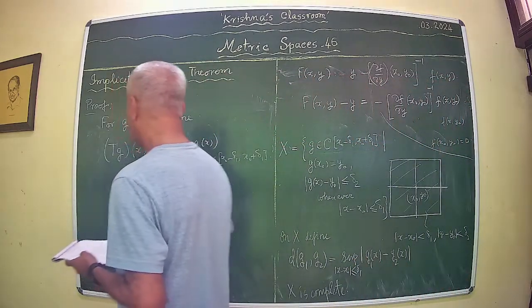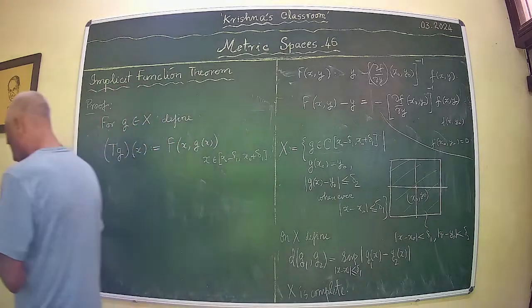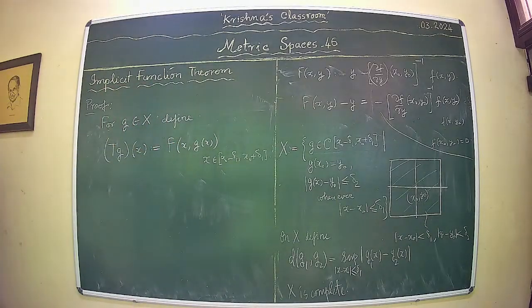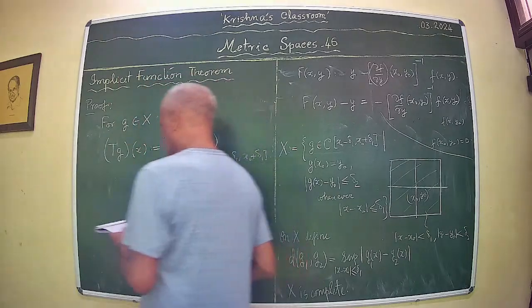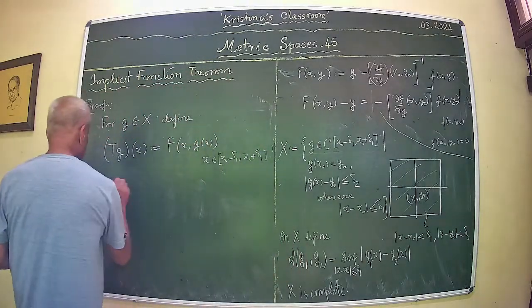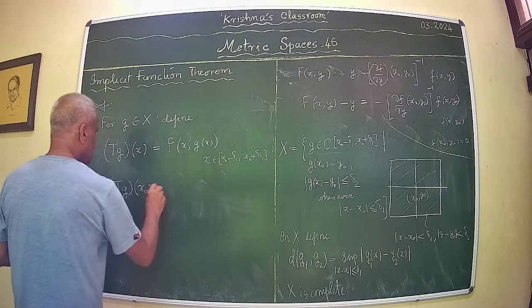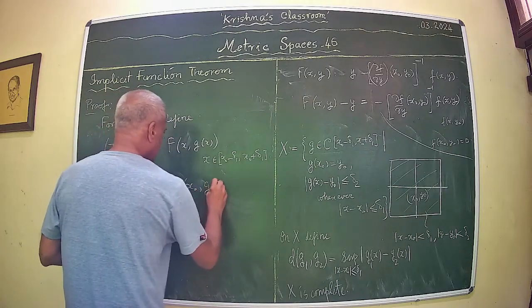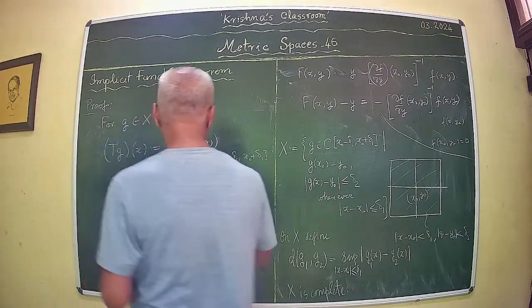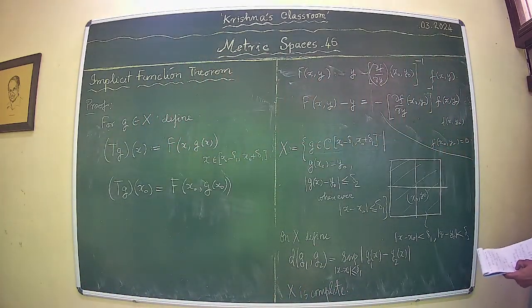Okay. Now what we want to assert is that T is a map from X to X. The first thing that you observe is this. Tg at x0 is equal to f of x0, gx0, and what is that?